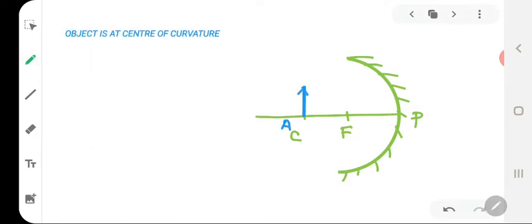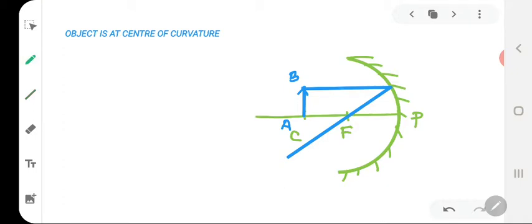Let us name it as A, B. So drawing the rays, the first one traveling parallel to the principal axis passes through the focus after getting reflected.